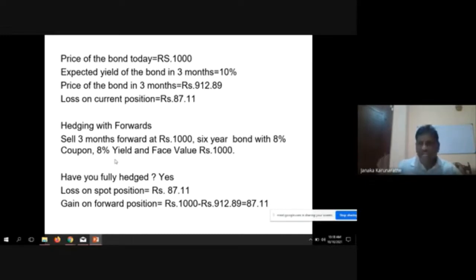In reality, forward contracts ensure your final position remains as it is. That is risk management. Here you are not doing any speculation. That's part of risk management.